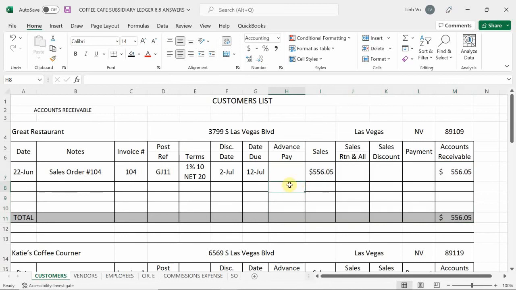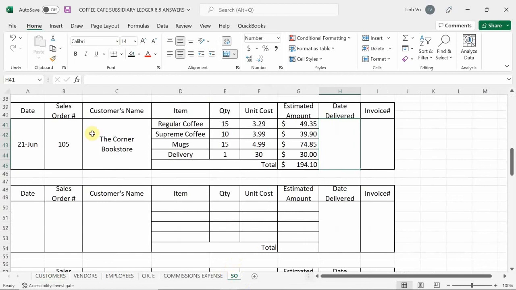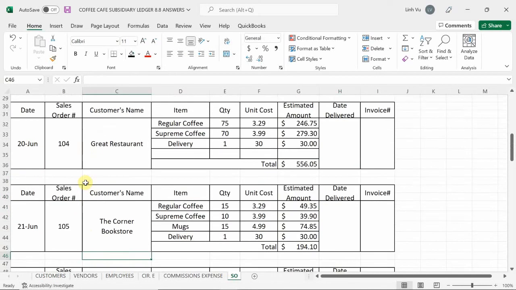Now, who is responsible for Great Restaurant? Albert. So let's first make sure that we check off our sales order.